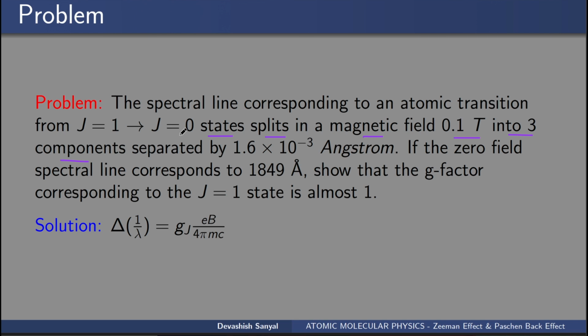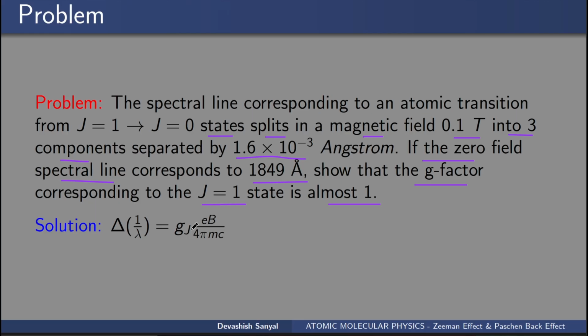When the magnetic field is switched on, it splits into 3 components, and these components are separated by 1.6 × 10^-3 angstrom. If the zero field spectral line corresponds to 1849 angstrom, show that the g factor corresponding to J equal to 1 is almost 1.